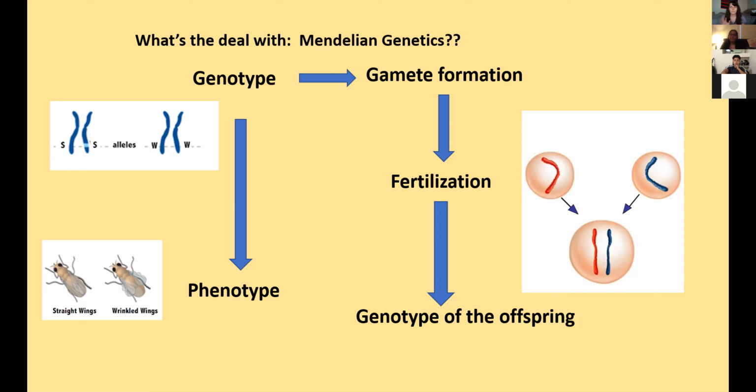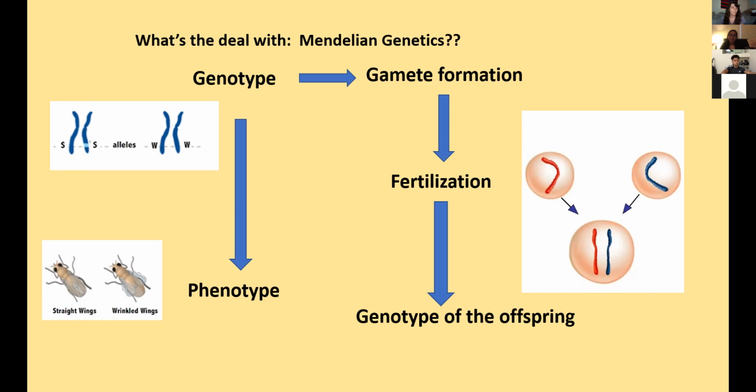So what's important to remember here is when the gametes are formed and you have just these haploid cells, they can carry any portion of the parent's DNA, and then it's this segregation and then random mixing when fertilization occurs.